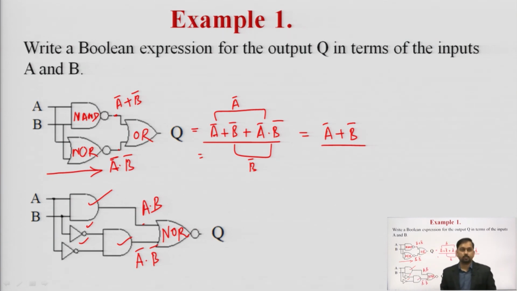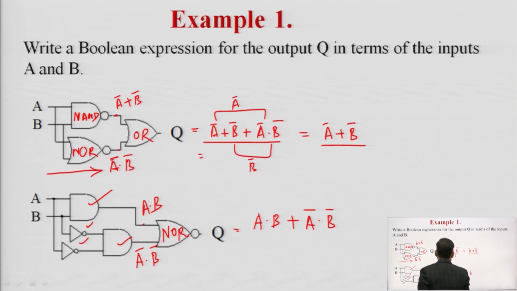Then we need to perform the NOR operation. If we don't remember, we can write it as A dot B plus A bar dot B bar, with the whole bar.